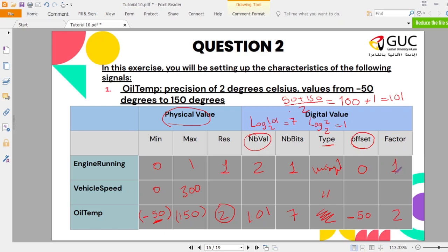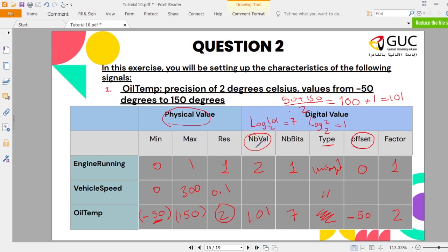Okay. Cool. The vehicle speed, as mentioned before, we have a resolution of 0.1 kilometer per hour. But that's it. So vehicle speed 0 and the maximum as it's in the solution is 300. It is mentioned in the question the resolution is 0.1. Okay, cool, that's perfect.